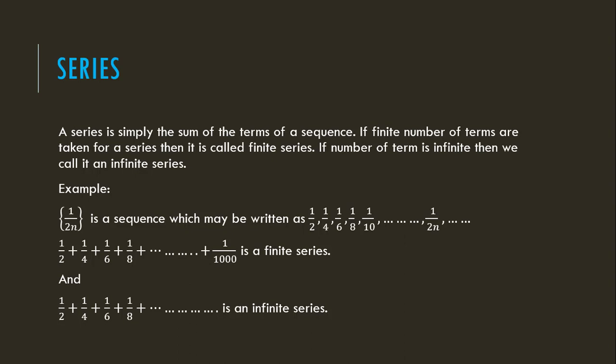For example, 1 by 2n is a sequence which may be written as 1 by 2, 1 by 4, then 1 by 6, 1 by 8, 1 by 10, dot dot dot, 1 by 2n and so on. So from this sequence, we can generate a finite series like 1 by 2 plus 1 by 4 plus 1 by 6 plus 1 by 8 plus dot dot dot.